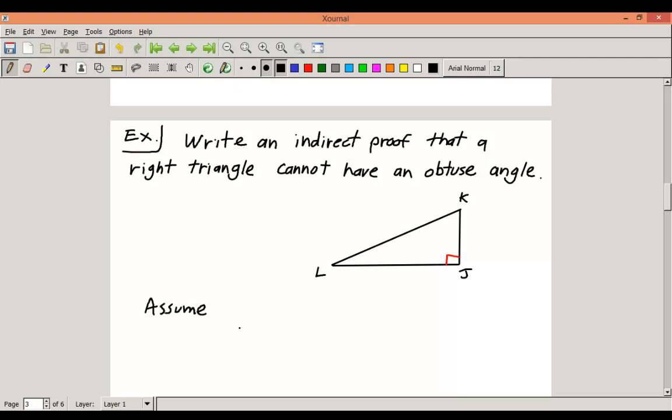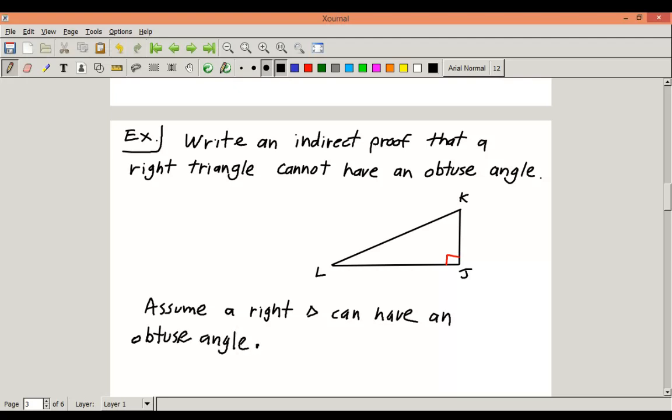Assume a right triangle can have an obtuse angle. So you're assuming the opposite of what you're trying to prove.